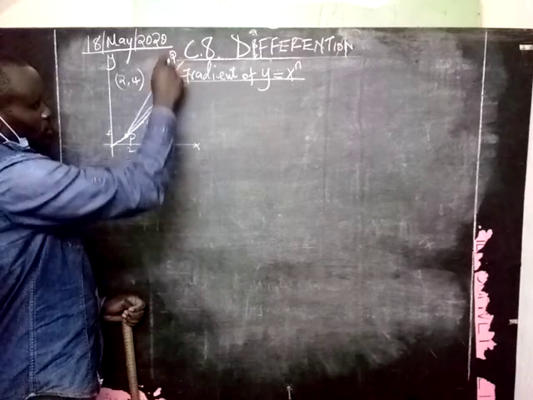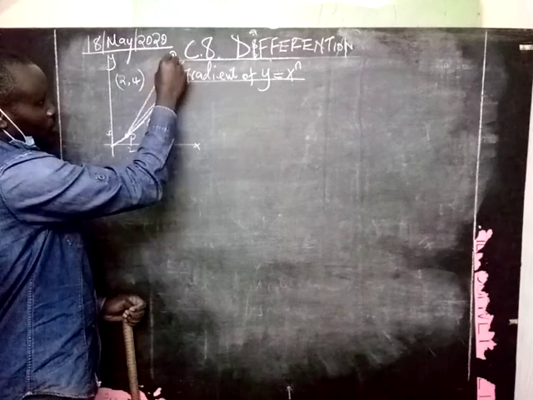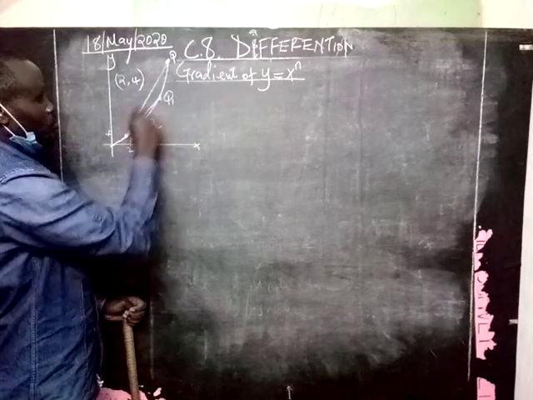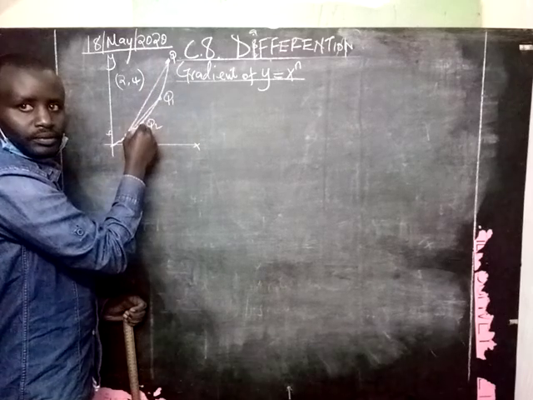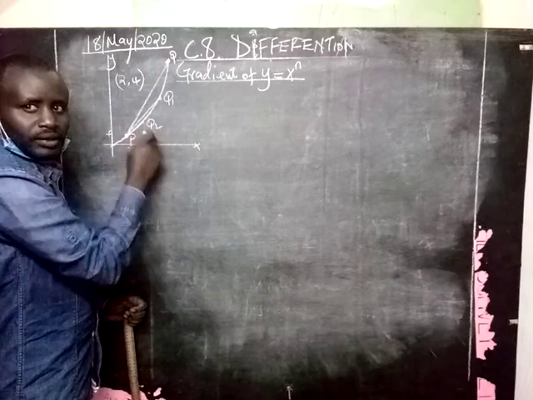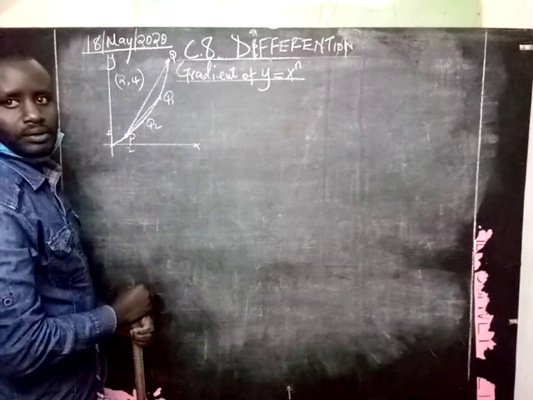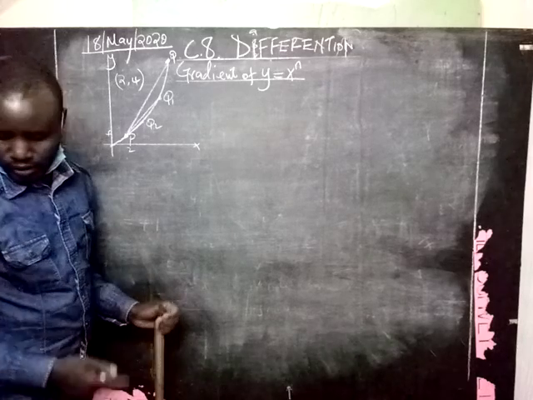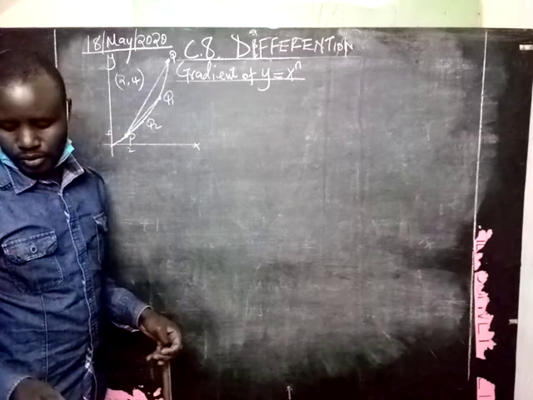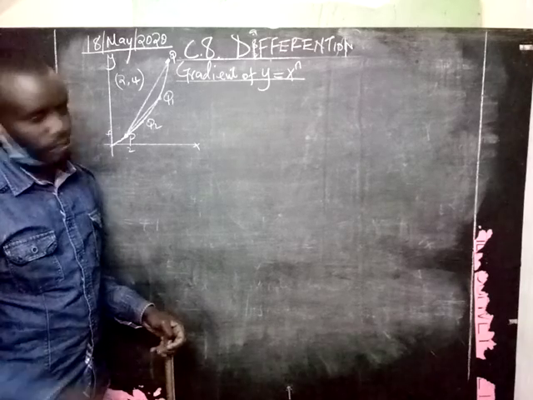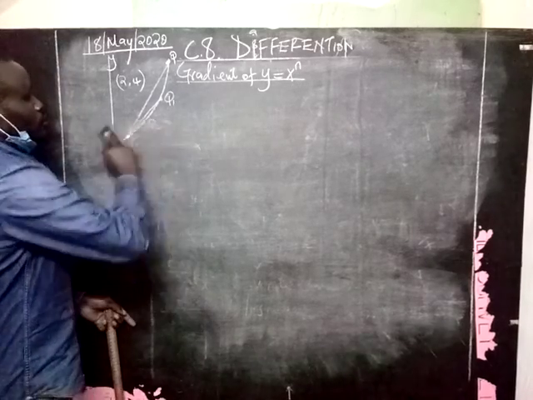The difference between the gradient at this point and this point keeps on reducing to a point where the change is so small that we can just ignore. That is just to give you an idea, so that we are going to use it in this part.